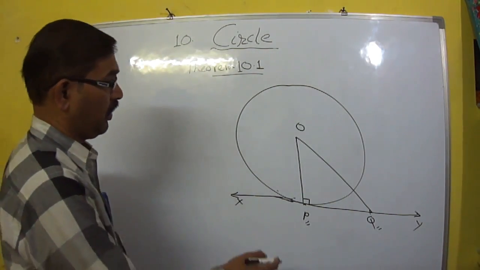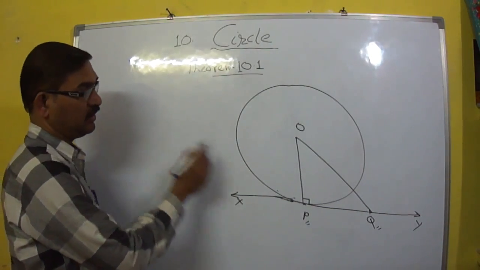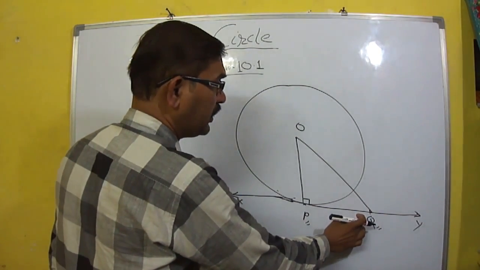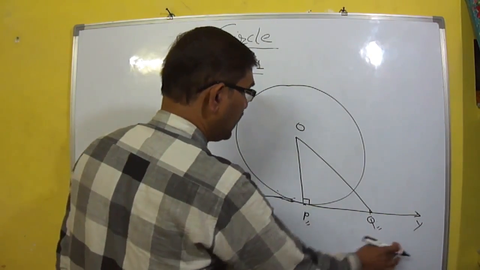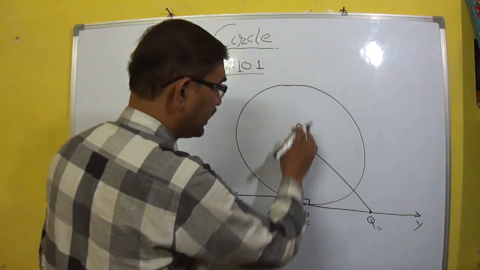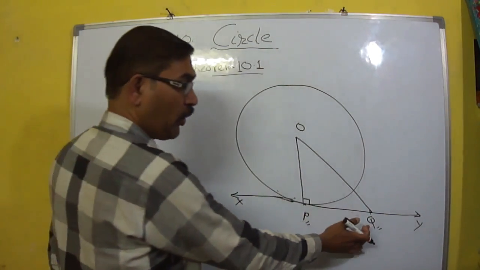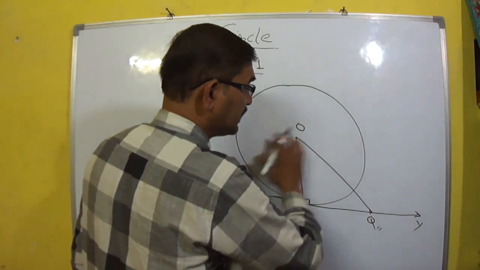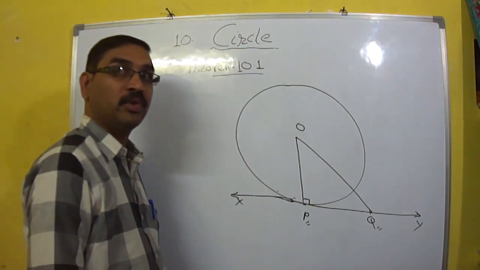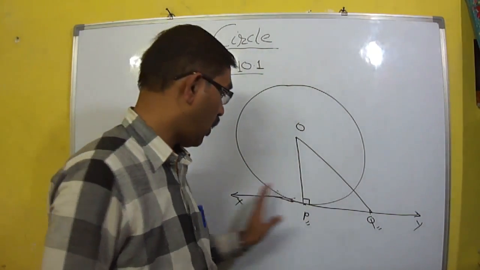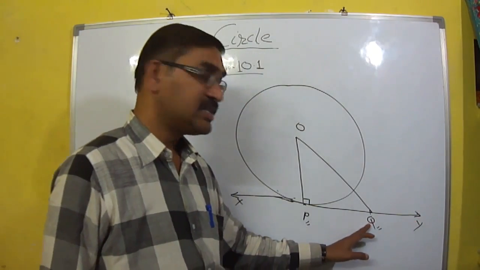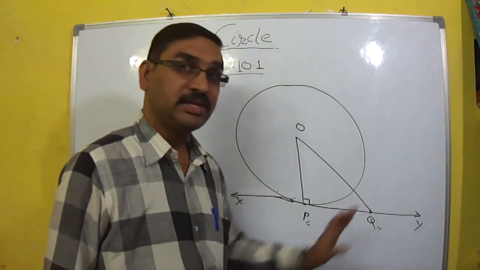Now हम कहेंगे you have to take a point Q on tangent XY such that OQ is greater than OP. You have to take point Q on the tangent outside the circle. We have to take a point Q on this tangent in such a way that it lies outside.